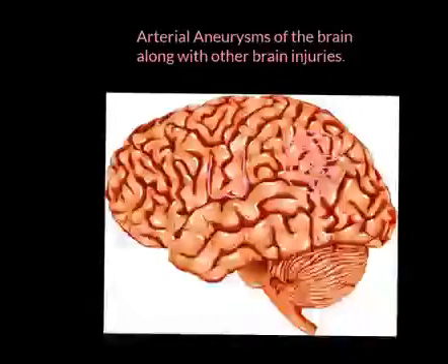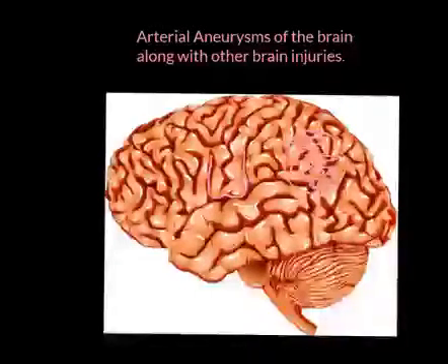So the brain is kind of a mystery still, and even the best doctors who treat brain injuries and brain problems still are amazed at the fact that they don't really know exactly what goes on inside everybody's brain.